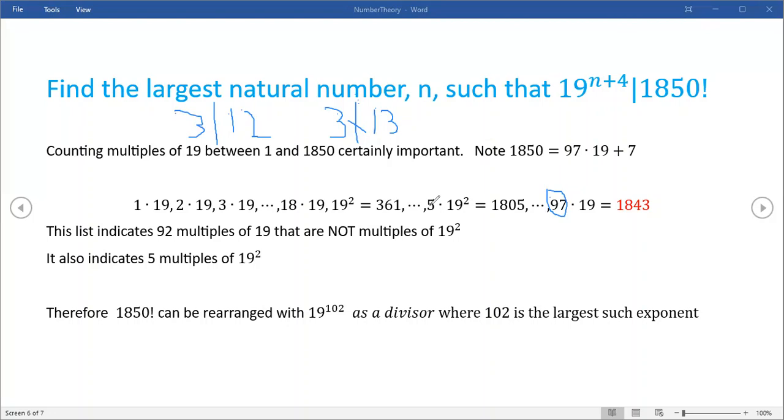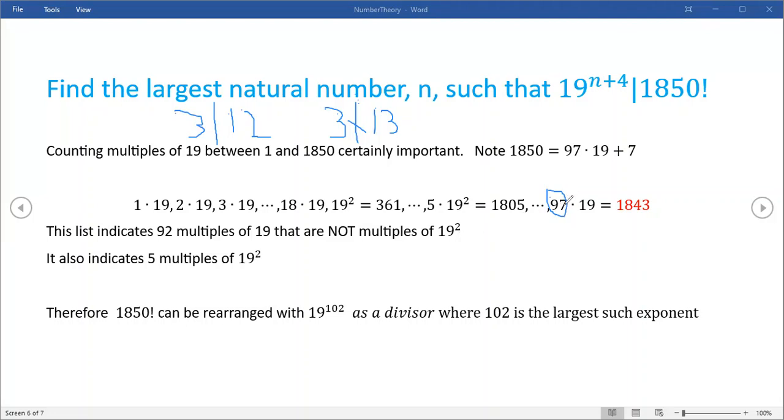The highest power of 19 squared is at the end of the list here. In other words, 1805 is just shy of 1850. And so 5 times 19 squared is the last multiple of 19 squared. And that turns out to be important because this list indicates that there are 92 multiples of 19 that are not multiples of 19 squared.